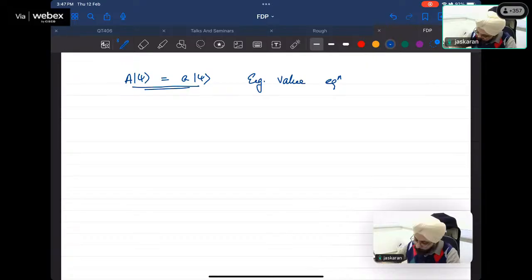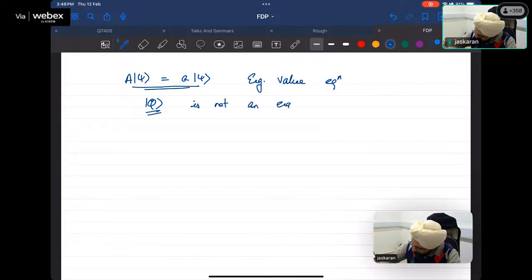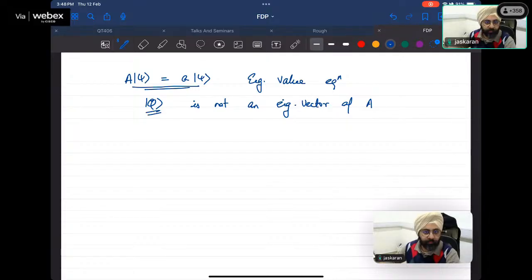Let's say I give you some state phi and I ask you to implement a measurement of the observable A on this particular state. And moreover, I say ket phi is not an eigenvector of the observable A. Then how will you implement the measurement of the observable?